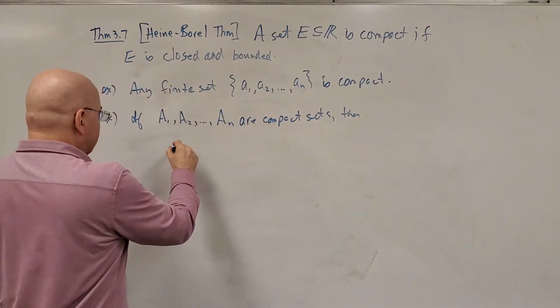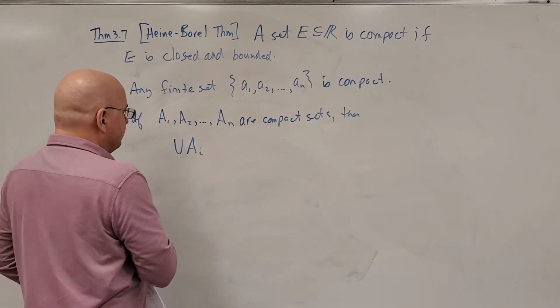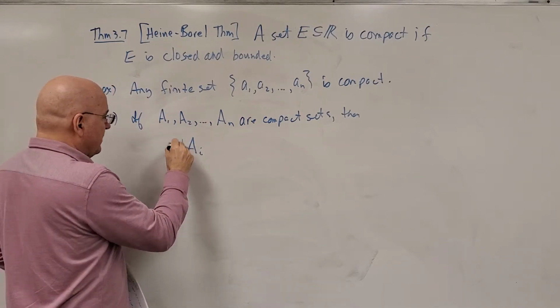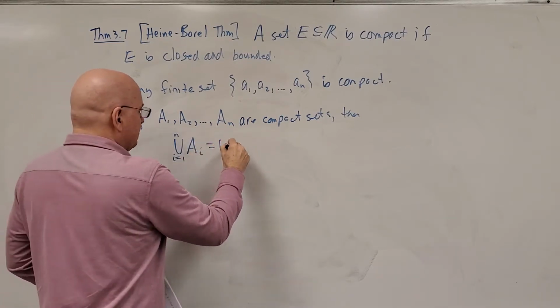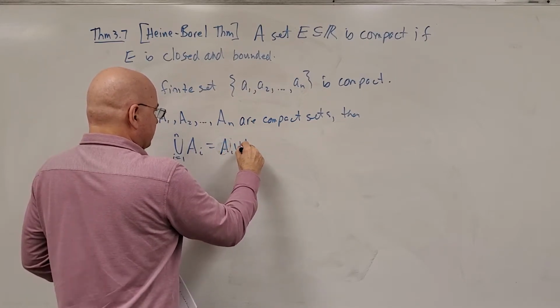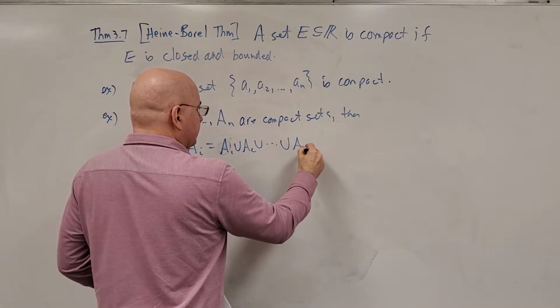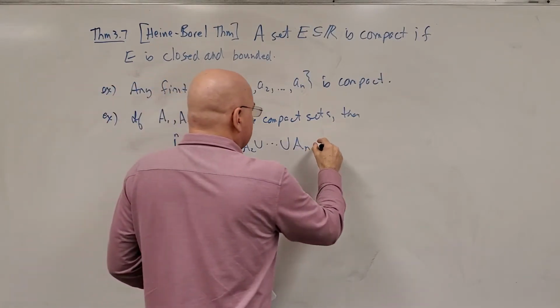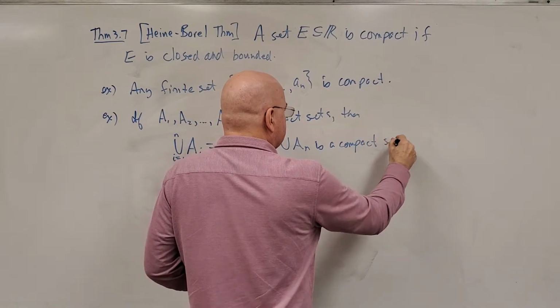So I could write it as the union of all of the Ai where i goes from 1 to n. That's the union of these n sets, so it's A1 union A2 union all the way up to AN. This is a compact set.